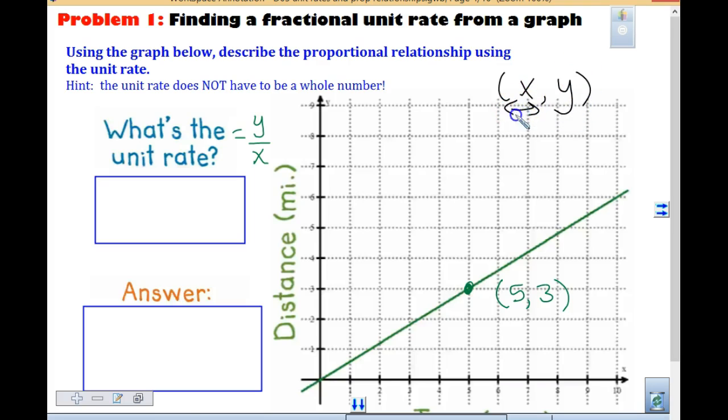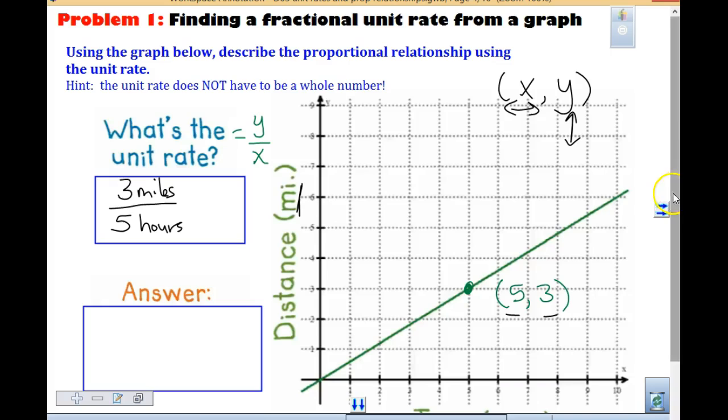This first one, when we graphed it, we went 5 to the right and up 3. Okay, so x, y. And now if we are looking at our unit rate, we are taking 3 what unit? 3 miles, right? That's that ordered pair. 5, 3 means 3 miles and 5 hours.